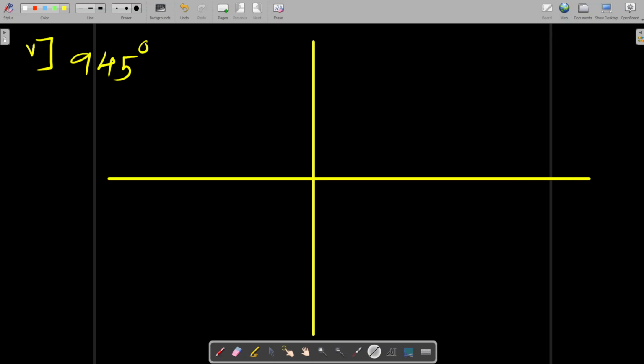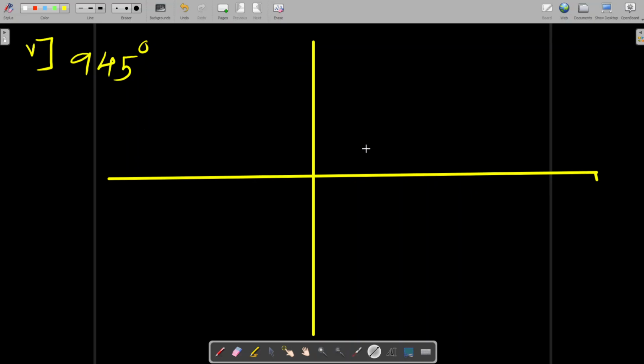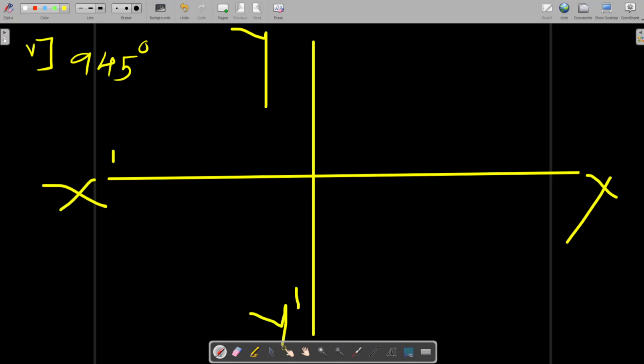So these are our 4 quadrants. So if I start, this is your x-axis, this is your y-axis, this is x dash, and this is y dash.